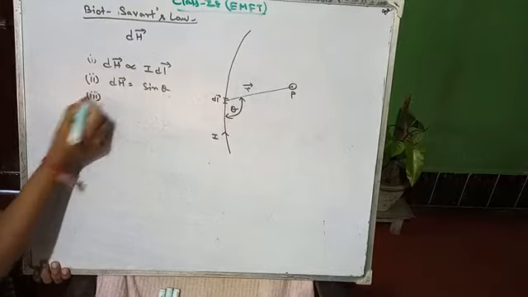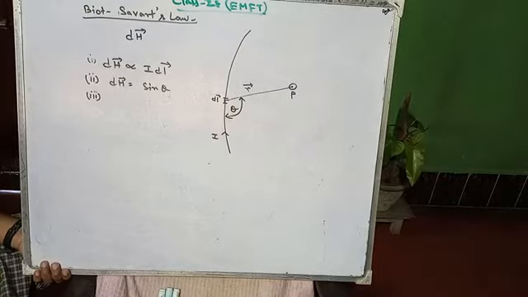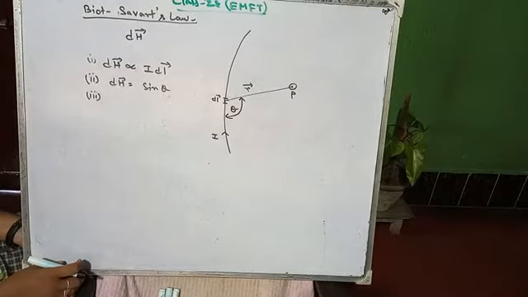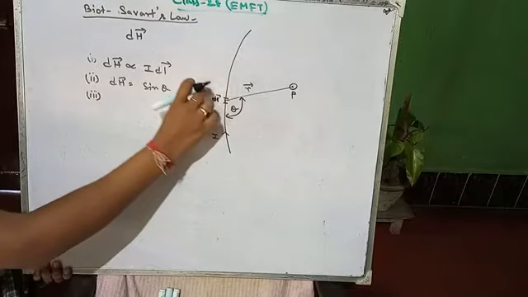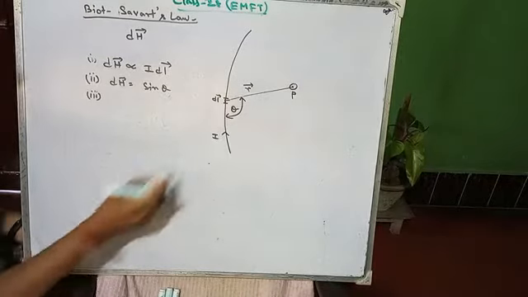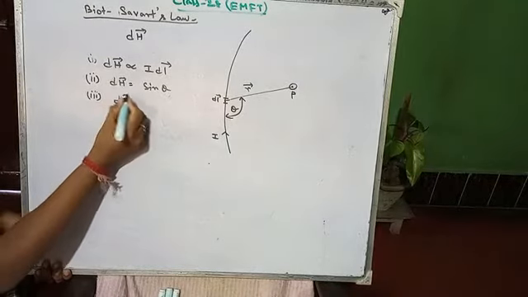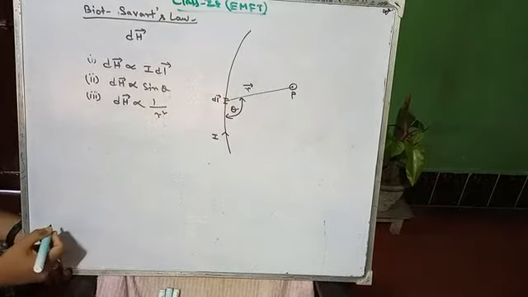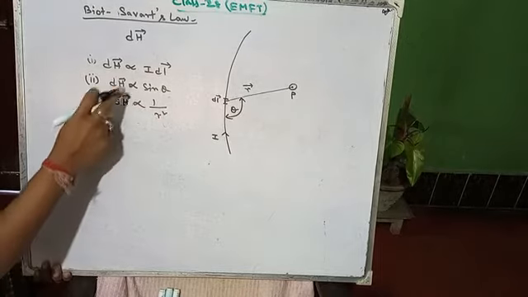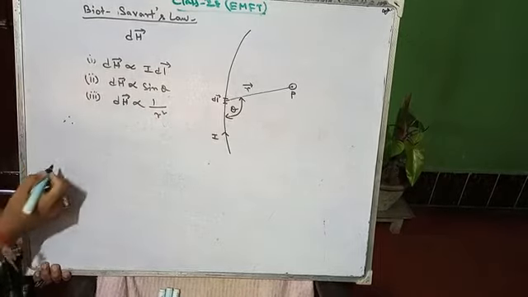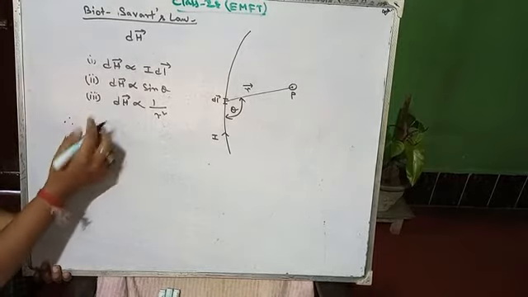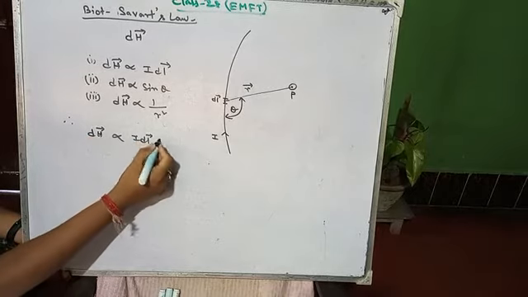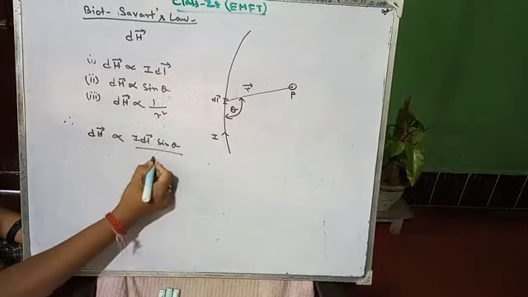And third, it is inversely proportional to the square of the distance between the current element and the point P, that is 1 by r square. Therefore, by combining these, dH vector is proportional to I dl sine theta by r square.